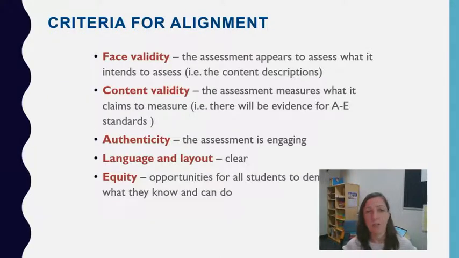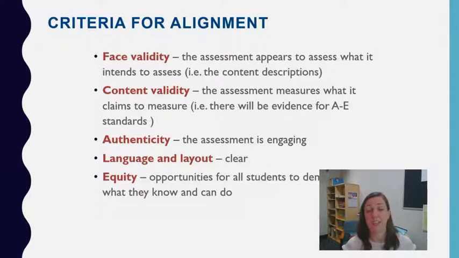And alignment is really, really important, and we'll be looking for this in your assignment 1 in particular, that the assessment appears to assess what it intends to assess. So a clear alignment with the curriculum. The content validity: the assessment measures what it claims to measure. So will there be evidence on a scale, an A to E scale?